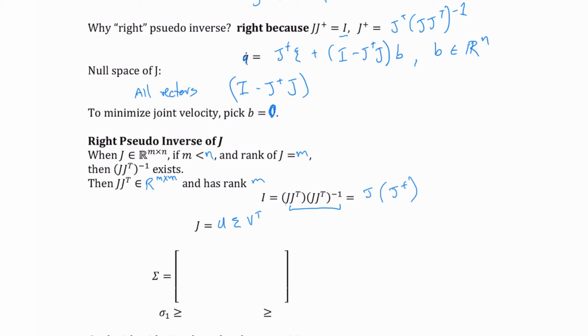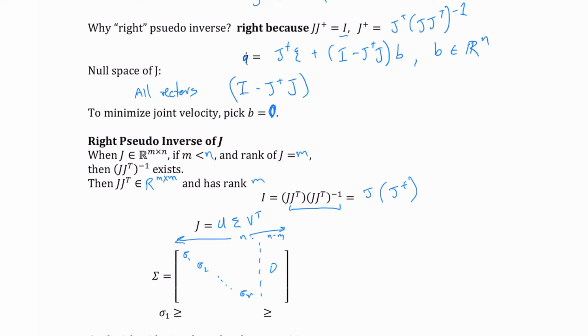And this sigma is what's called our singular value matrix because it's got all of our singular values: sigma 1, sigma 2, all the way down to sigma m. It's got zeros everywhere else in this matrix. And then since this is going to be n by m, it's got n minus m rows of zeros.